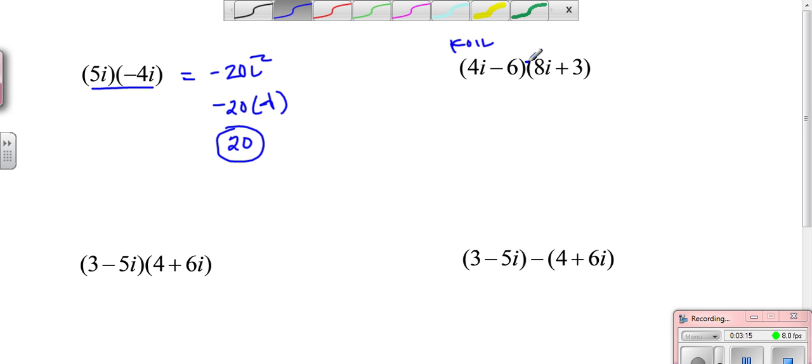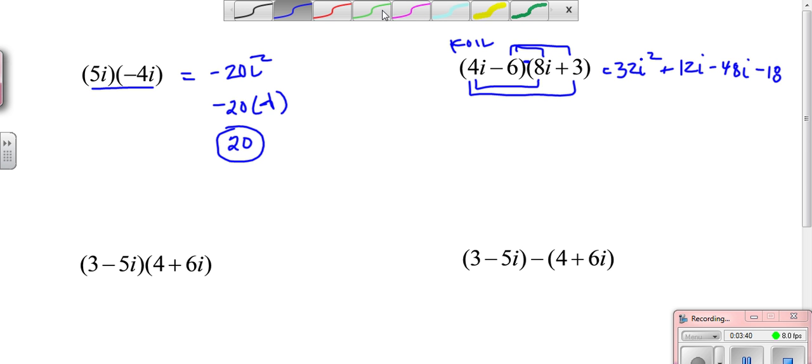There's no sign right there, so I'm going to take the first two terms times each other. So I have 32i squared, last two terms times each other, plus 12i, inside terms minus 48i, and my last terms are minus 18.